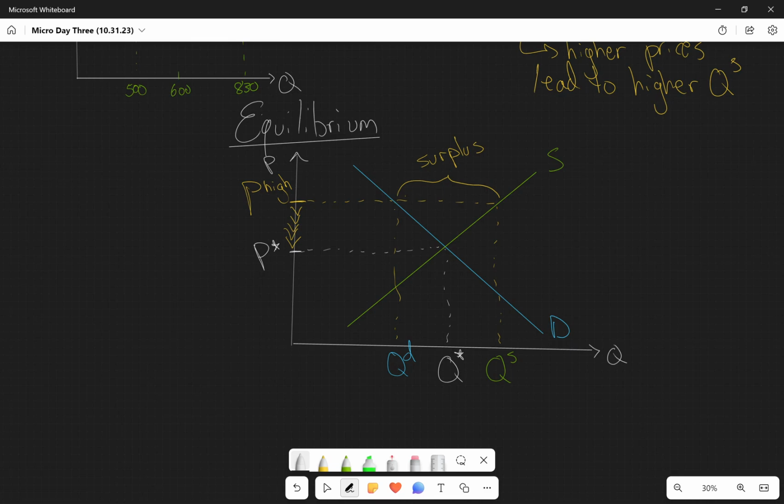Questions on surplus and why surpluses lead to equilibria? All right.